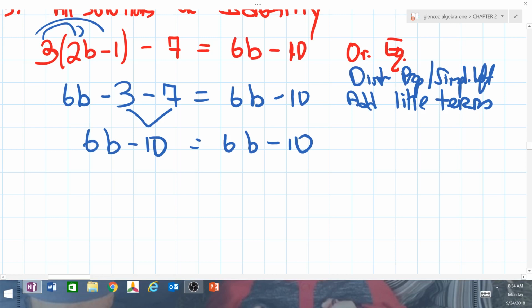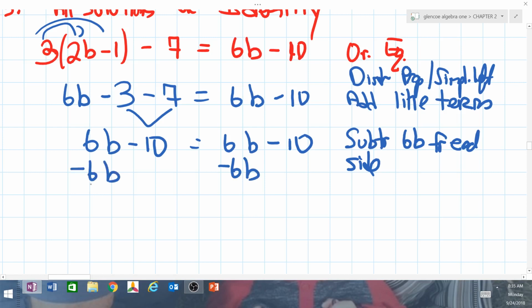To take it one step further, we want to subtract 6b from each side. And you're left with negative 10 equals negative 10.